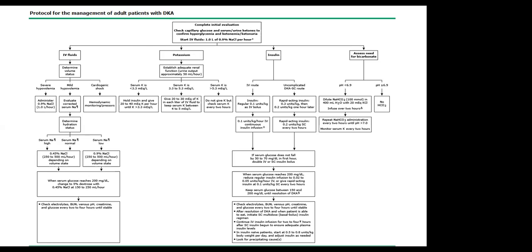What we are particularly worried about is the heart, because it may cause arrhythmias. Since we are going to be giving a lot of insulin here, you want to make sure it is maintained within normal range. So that is why we give insulin alongside potassium.